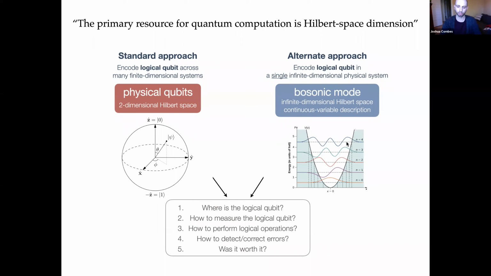And probably most importantly is number 5: once we've finished encoding and decoding and correcting, did we actually gain anything from performing error correction? The middle part of the talk is going to be stepping through these points 1 through 5 in gory detail for the case of a bosonic code that has a rotation symmetry in phase space.